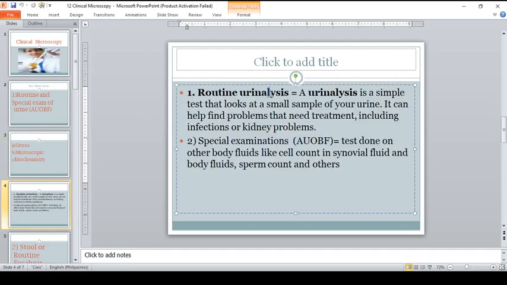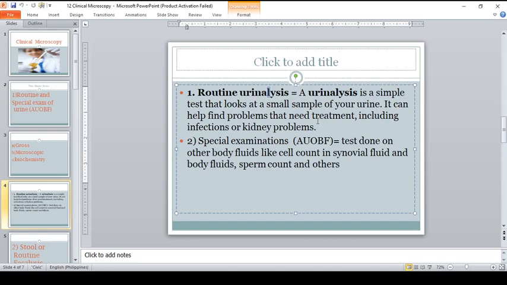Okay? So in routine urinalysis, a urinalysis is a simple test that looks at a small sample of your urine. It can help find problems that need treatment, including infection like urinary tract infection and kidney problems.